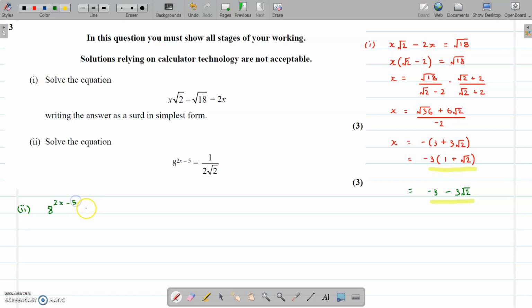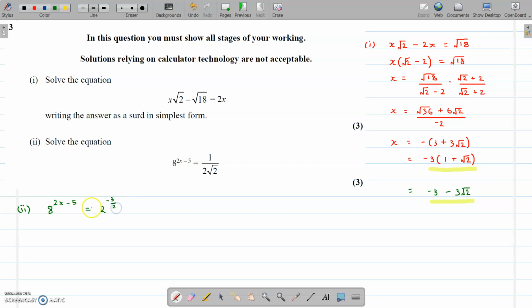And that is equivalent to, and you should know that 1 over 2 root 2 is the same as 1 over 2 to the power of 1.5. Because root 2 is 2 to the half, that's 2 to the 1, so it's 2 to the 1.5. And that's the same as 2 to the power of negative 3 halves. That's GCSE rules of indices.